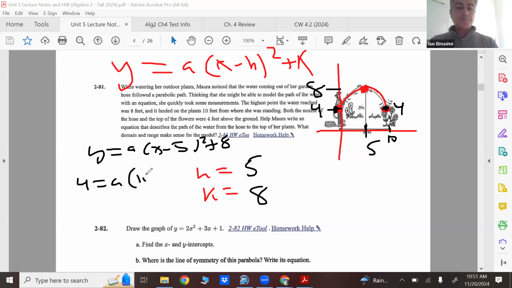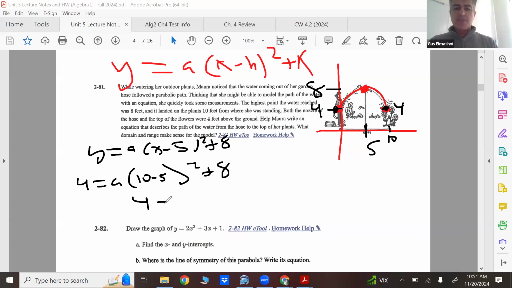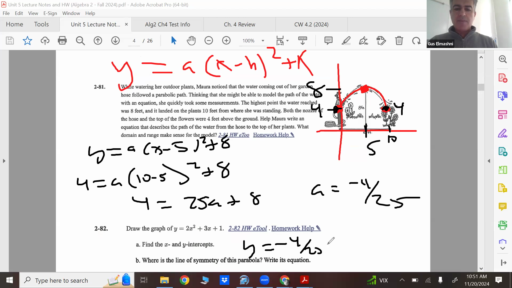Let me get rid of this stuff here. Yeah, solve for a, and you'll get your answer afterwards. So you're going to see something kind of like that on the quiz. That should be 25a plus 8. Solve for a, you should get -4 out of 25. So the equation would be y equals -4 out of 25, x minus 5 squared plus 8. So that's the other question on the quiz as well.